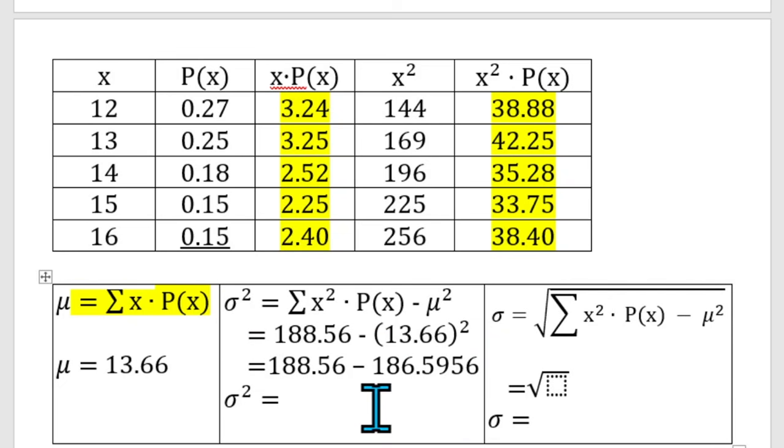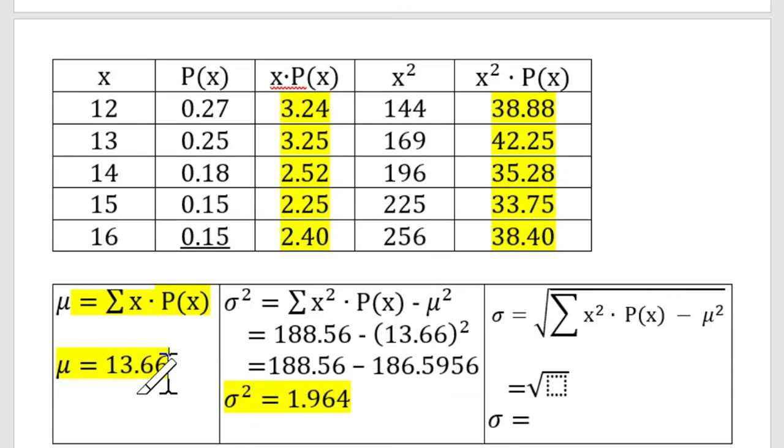Okay. And we have 188.56 minus 186.5956 is equal to 1.964 in 3 decimal places. This is now the value of our variance.